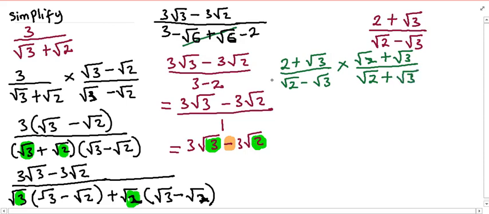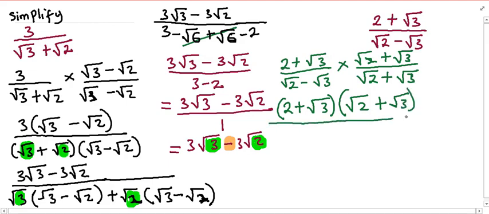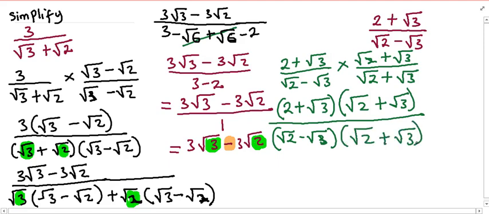So this part, 2 plus √3 is going to be multiplying everything in this first part, √2 plus √3, all over this one, √2 minus √3 is going to be multiplying everything in √2 plus √3.